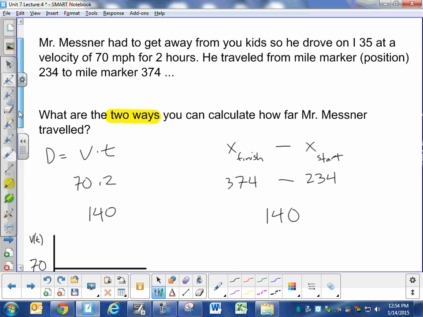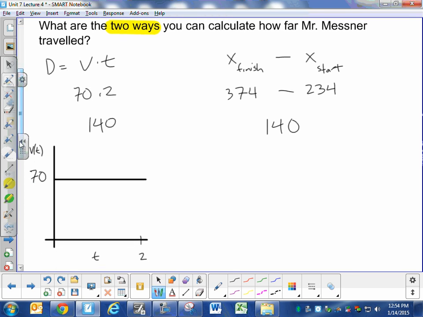Let's examine this if I gave you the graph of velocity on the y-axis and time on the x-axis. Where would this 140 appear graphically? Ha! This 140 is actually this area here.